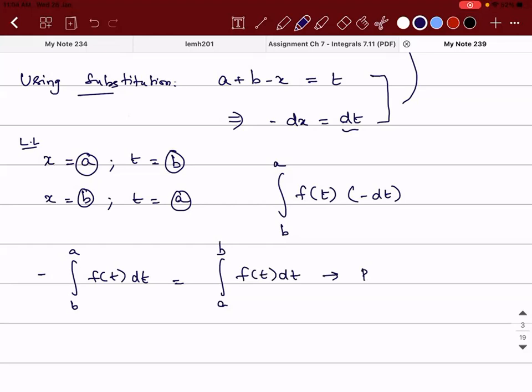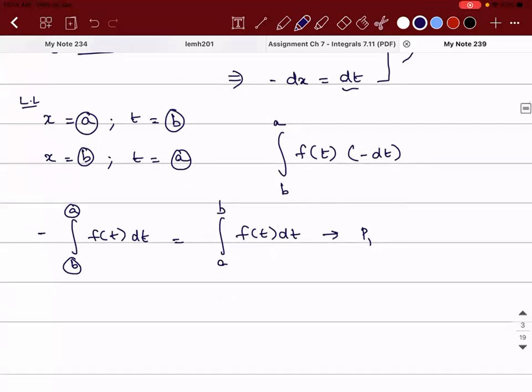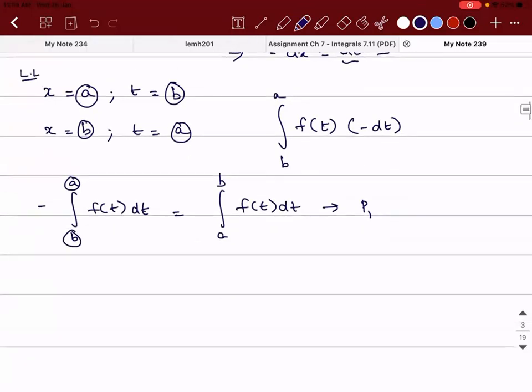This is from P1. What I did is I interchanged the limits. Whenever you interchange the limits, the sign of that integral will get reversed. Similarly, integral of a to b f of t dt is the same as integral of a to b f of x dx. This is from P naught, the very first property that we saw.